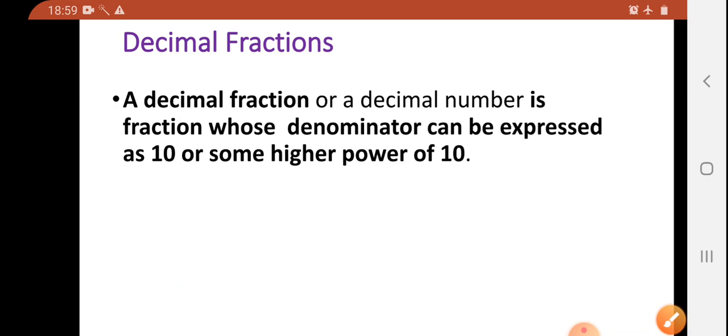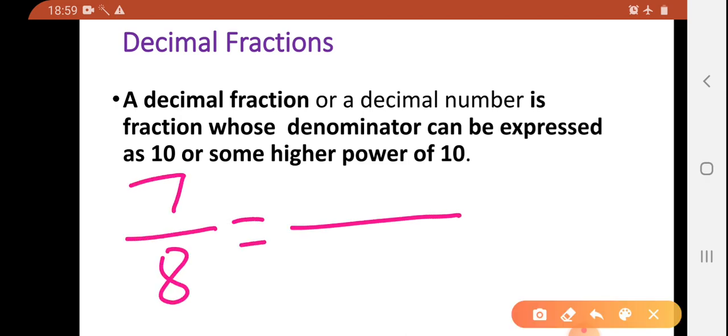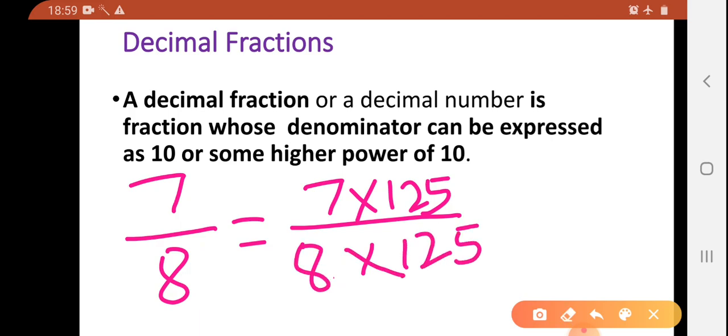Another example, 7 by 8. That will be 7 into 125 divided by 8 into 125. This will be equivalent to 875 divided by 1000.